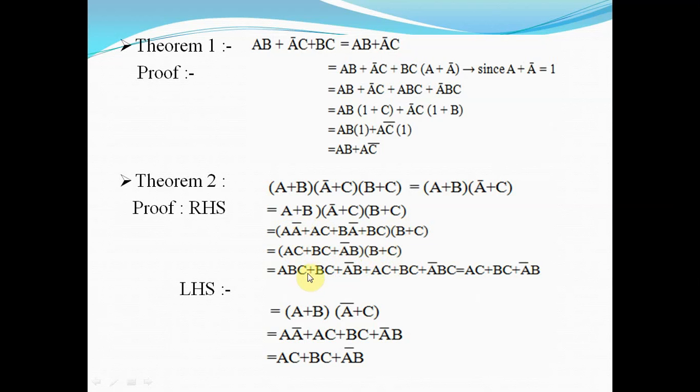We are getting ABC plus BC plus A bar BC. Again, AC into C is nothing but AC, BCC is nothing but BC, and A bar B into C. Which is equal to AC plus BC plus A bar B.